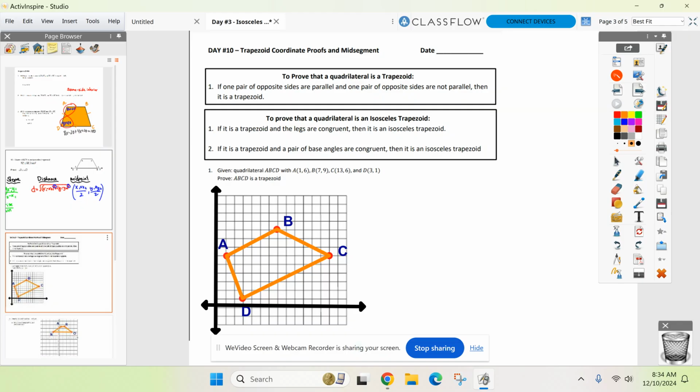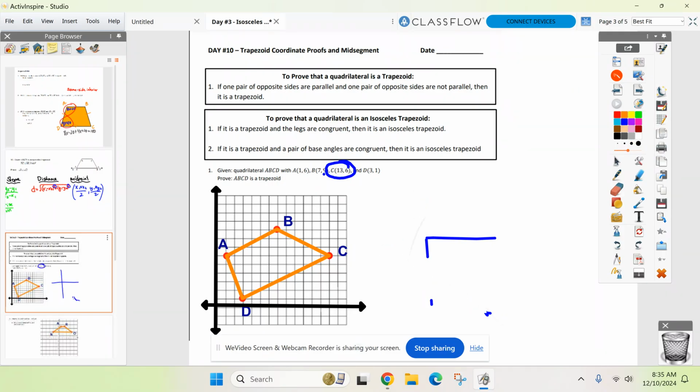So I'm going to let you guys go first and graph quadrilateral ABCD. I'll just give you a warning. Look at point C. Point C is 13.6, so you probably don't want to do one of your old school XY axes that look like that. You want to make sure you can fit 13.6, 7.9 on there. All right, so go ahead, take a couple minutes, graph quadrilateral ABCD for me now.